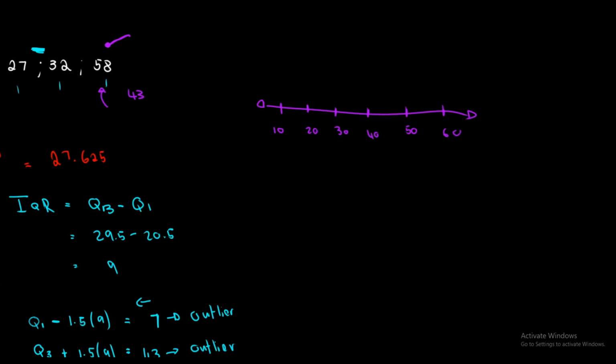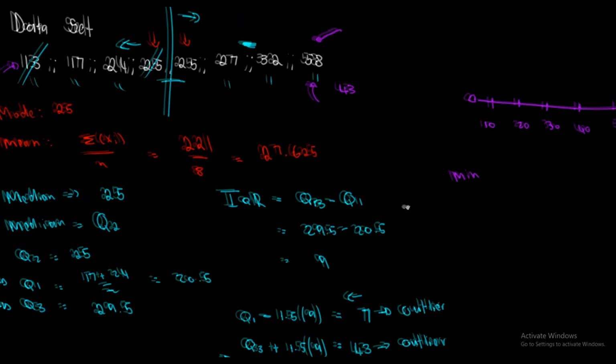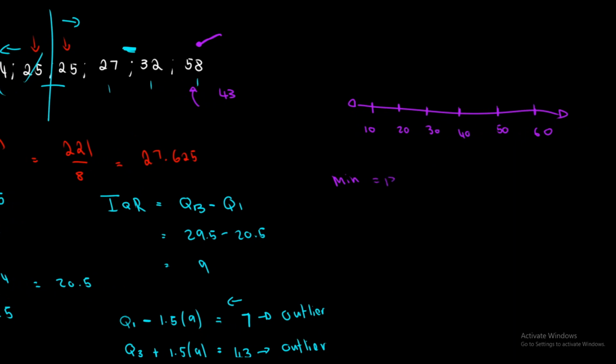Now essentially what you want to do here is find your minimum value. The minimum value of this data set is 13. You want to find your maximum value. In this case, 58 is considered an outlier, so my next maximum value is going to be 32. You don't want to end your range at an outlier.